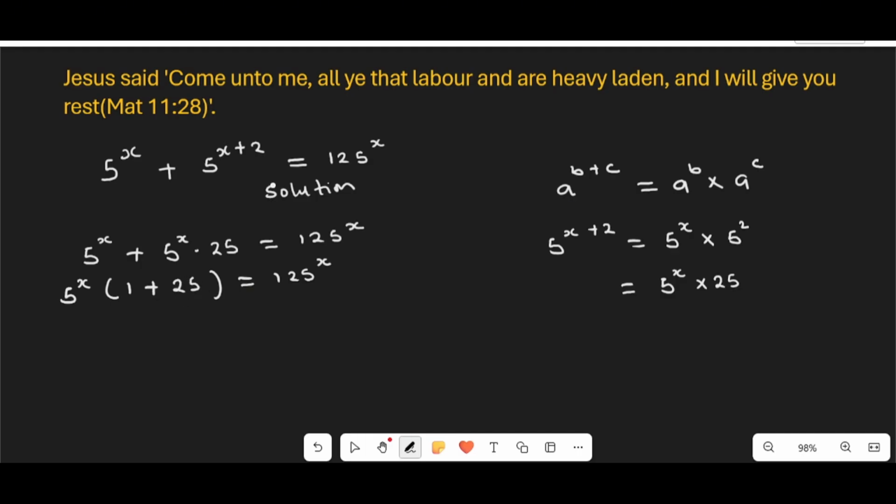So we can say 5 raised to power x multiplied by 26 equal to 125 raised to power x.